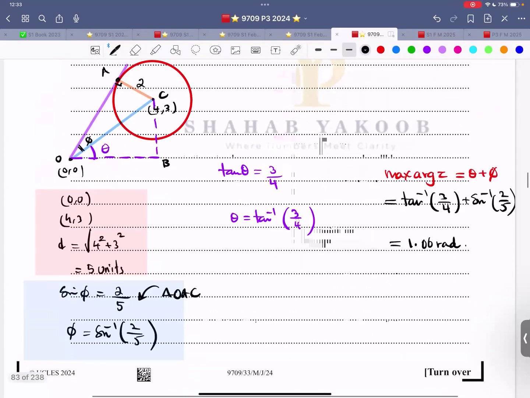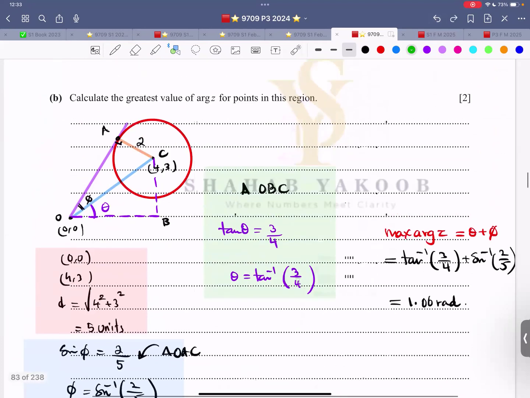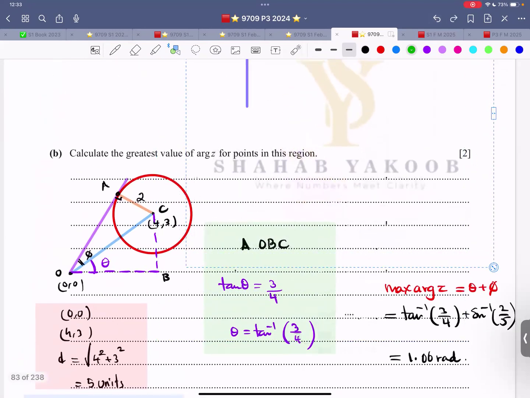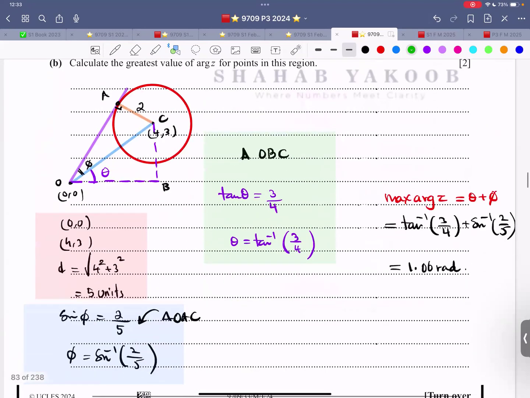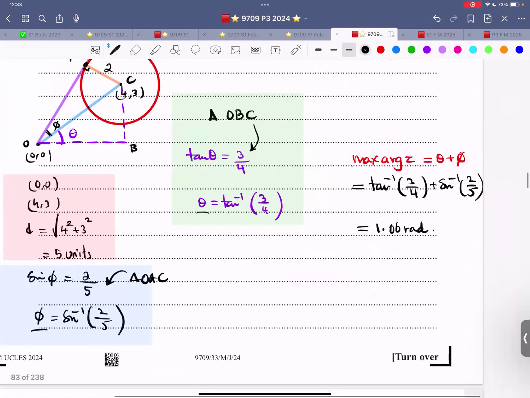Then focus on triangle OBC and then you find this thing. That is the next thing. Got it? We remove this thing. Okay. So now we found this angle. That is theta. We found this angle phi. You can use the calculator later.